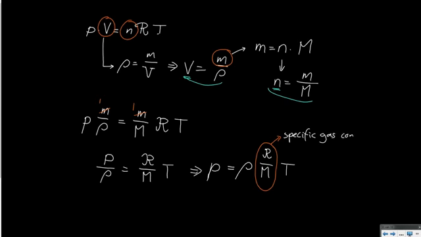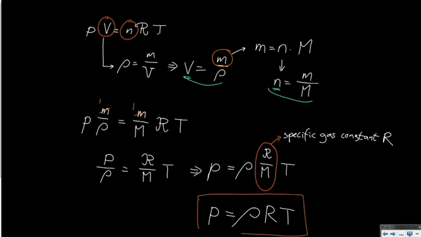And for this we use the normal letter R. In other words, we can write our gas law now as P is rho R T. And when we talk about air only, we will use this gas law a lot.